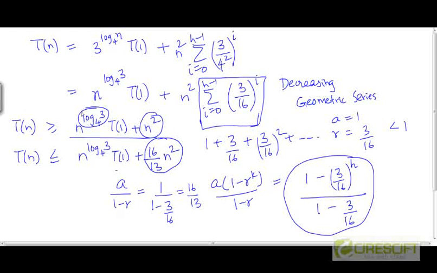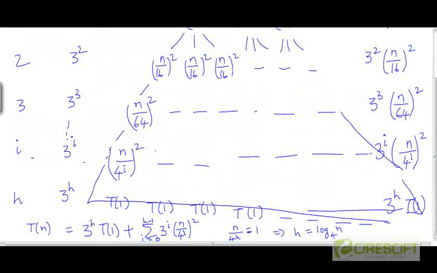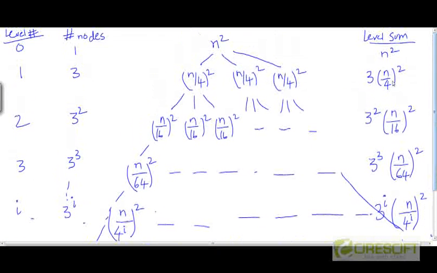This is a lower order term, and that's evident because if you have a decreasing geometric series, we've already seen this general pattern where if we have a decreasing geometric series, the overall complexity of the series is going to be determined by the complexity of the first term.